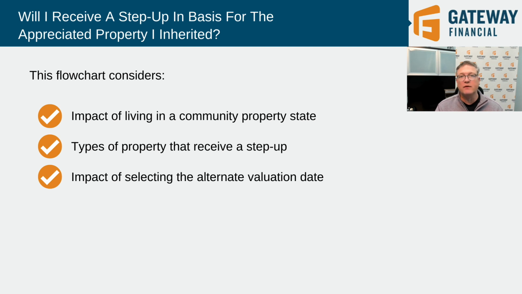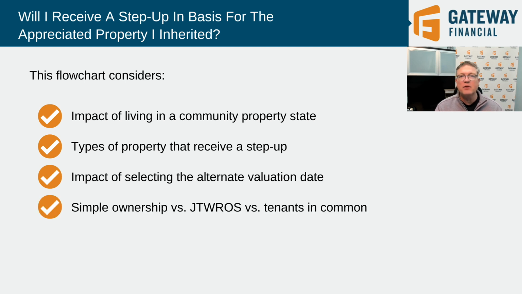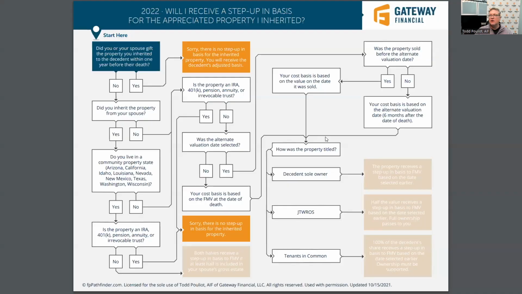And that's a really important thing that we do want to take a moment and stop and clarify. And then we want to talk about simple ownership versus joint tenancy with rights of survivorship, and tenants in common.